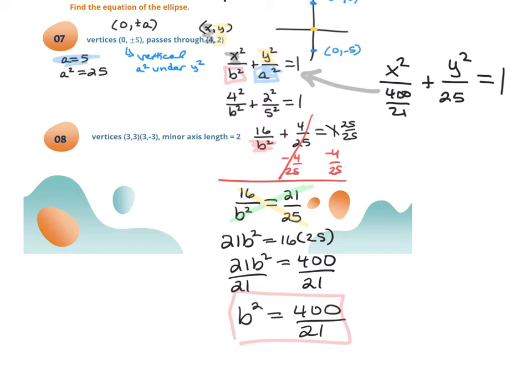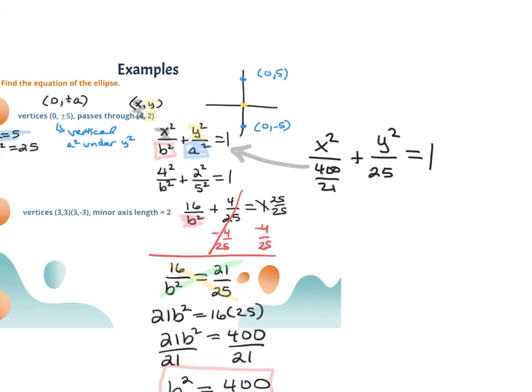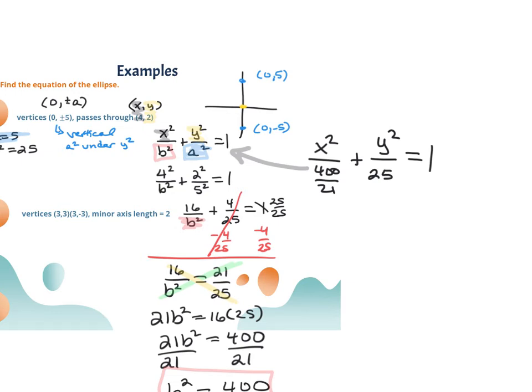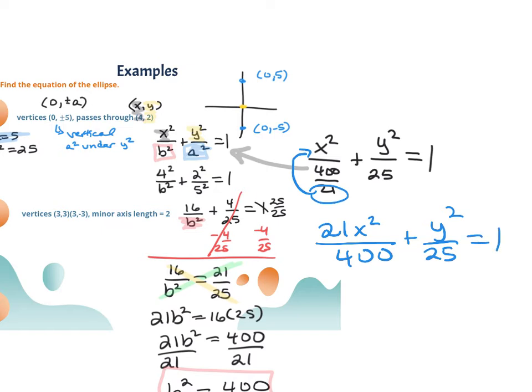Now, some textbooks, when they teach this concept, will allow that fraction in that denominator. However, we're going to fix it. We're going to move the 21 to the numerator. So essentially what we're doing, let me just show you the math behind it, but bottom line, all you need to do is take the 21, move it to the top, and it's going to become 21x squared over 400 plus y squared over 25 equals 1.